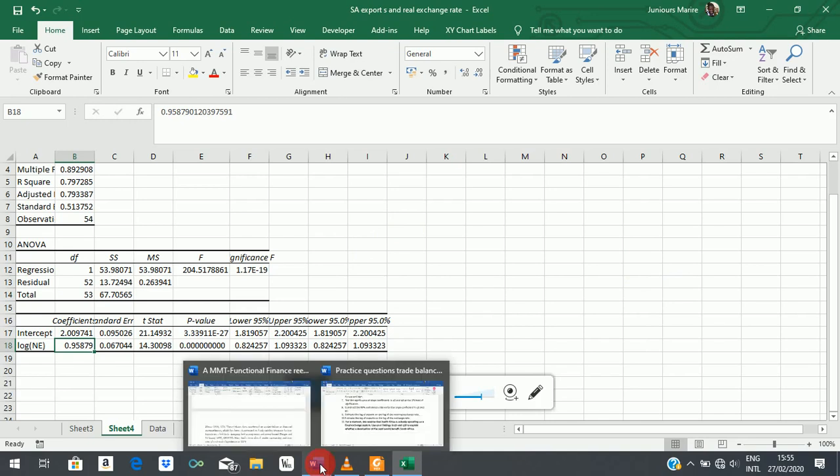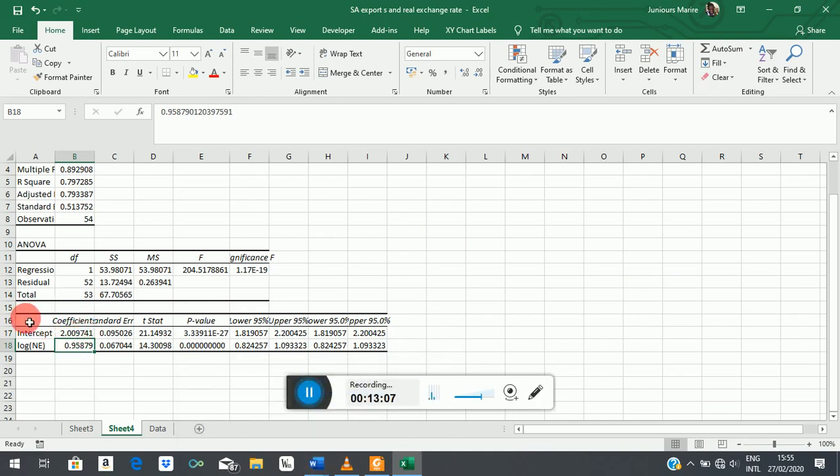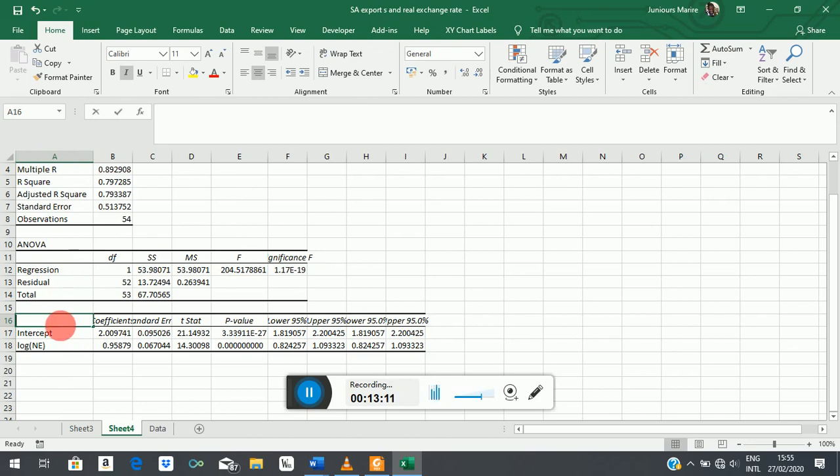Now, we have estimated this with both the explanatory variable and the dependent variable in logs.